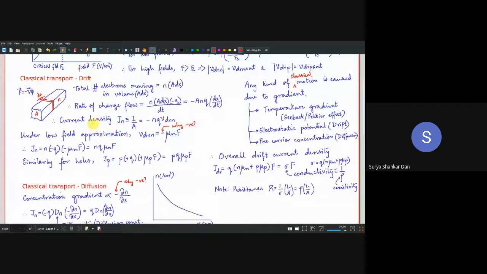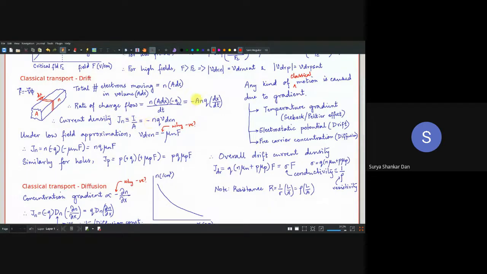Here comes a very important part. Whenever you are designing a circuit, you are concerned only with the current. Whenever you are designing a device, or at least looking inside the device, then current density gives you a better picture. So the current density Jn is equal to current by area.